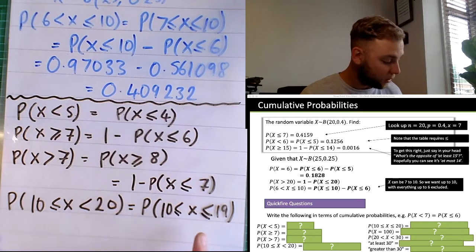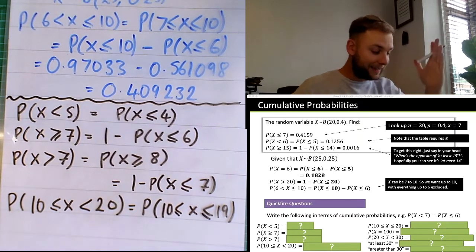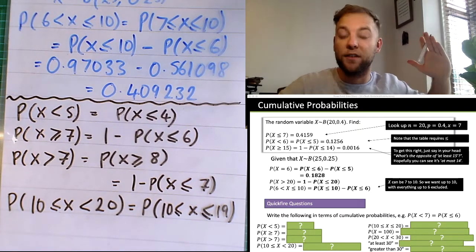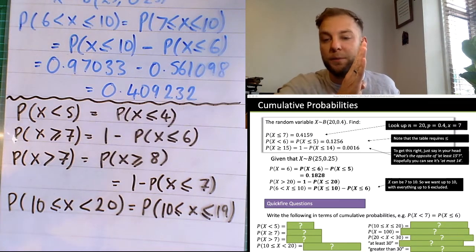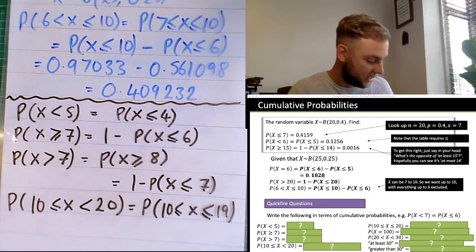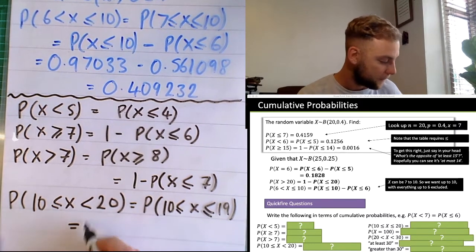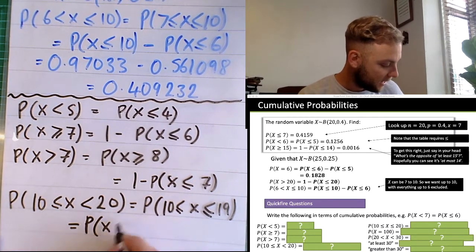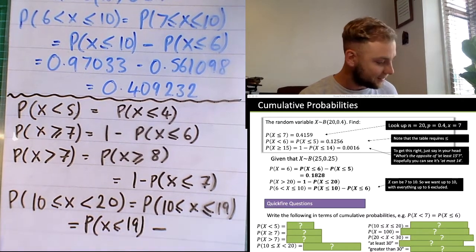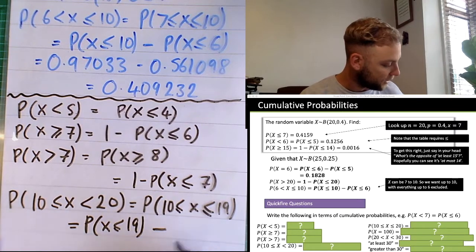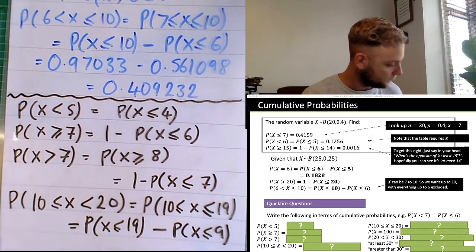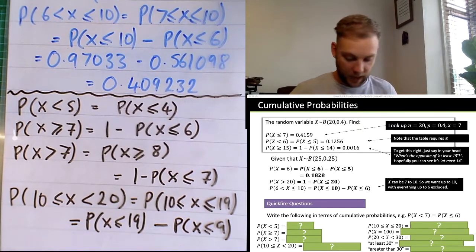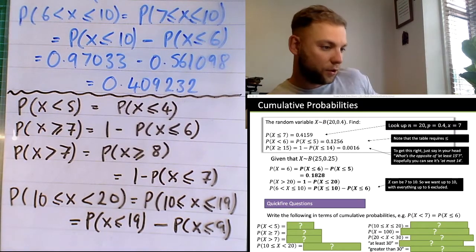But with this one, to find everything between 19 and 10, I do the probability of everything which is less than or equal to 19, take away the probability of x being less than or equal to 9. So this is the same as saying the probability that x is less than or equal to 19, subtract everything which is less than or equal to 9. Brilliant.